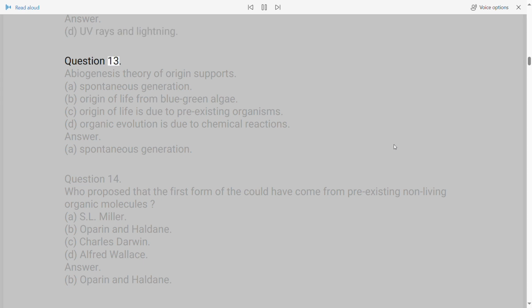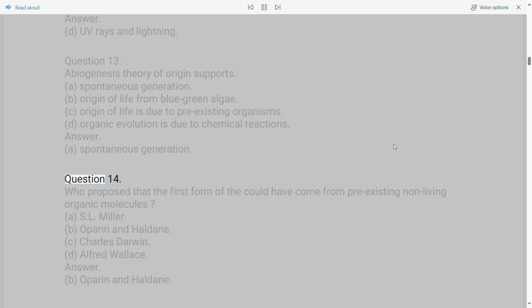Question 13. Abiogenesis theory of origin supports A. Spontaneous generation. B. Origin of life from blue-green algae. C. Origin of life is due to pre-existing organisms. D. Organic evolution is due to chemical reactions. Answer. A. Spontaneous generation.